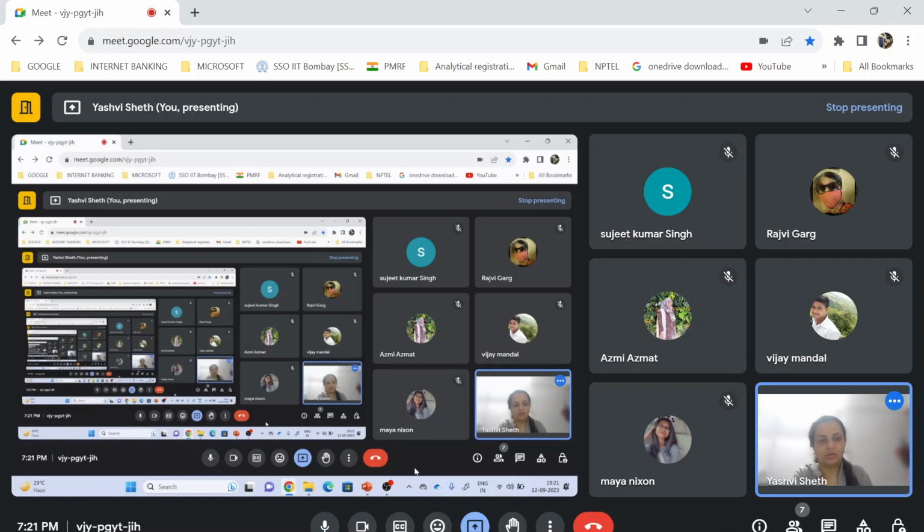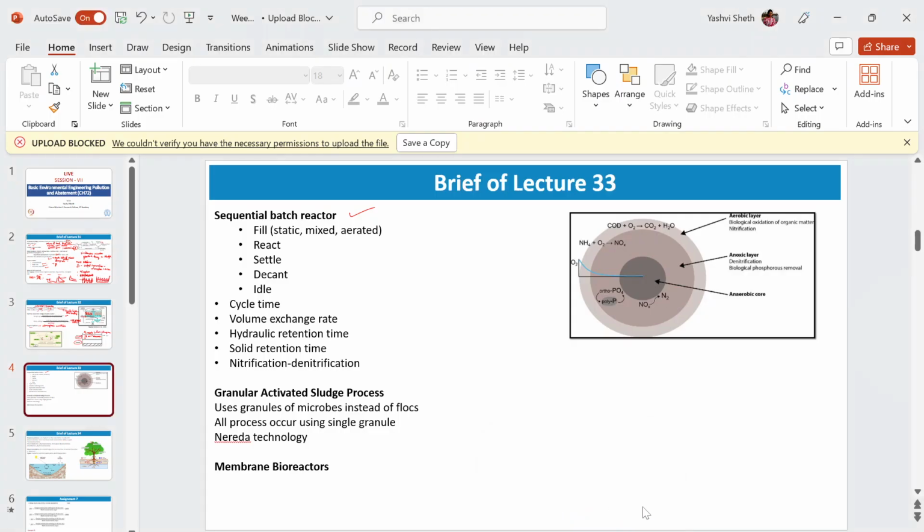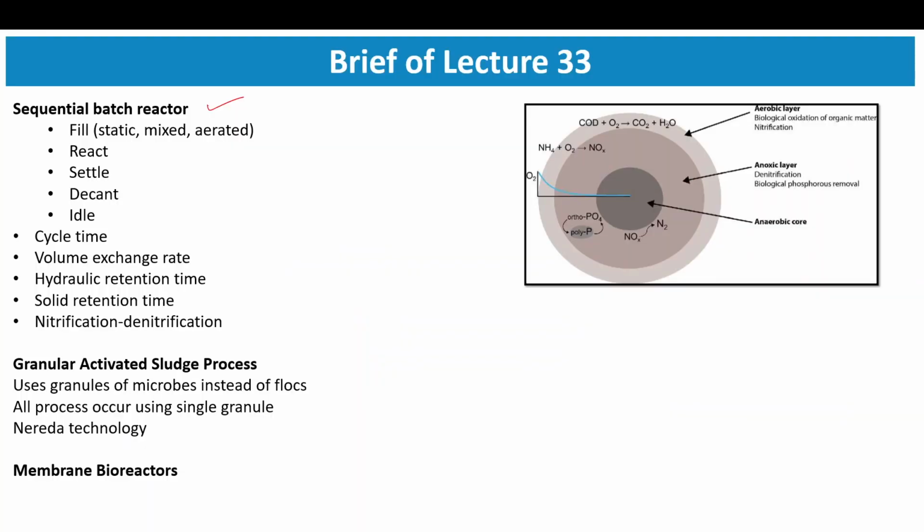Okay, if not, let me tell you. In the conventional process, we use multiple unit operations in series and have a continuous operation, which requires more space. So this operates in space.